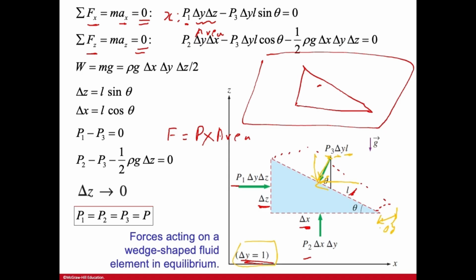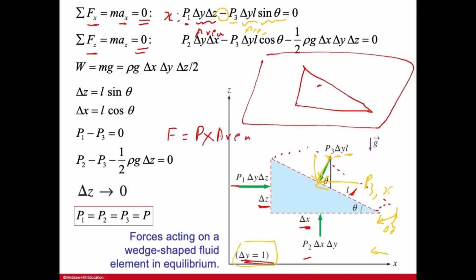But what is the component of this force in the horizontal direction? What is the component of P3 in the x direction? It's essentially P3 times this area times sine theta, right? Now this force is acting in the opposite direction, so the negative x direction, hence you have this negative sign here.